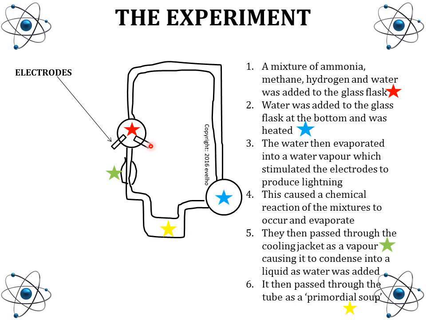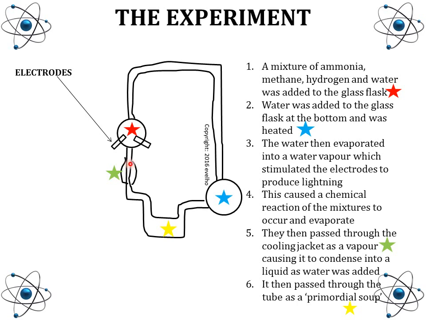When the electrodes produced lightning, it caused a chemical reaction in the mixture, which caused it to evaporate. As this vapor passed through here, water was added to this cooling jacket, which caused the vapor to condense back to a liquid.